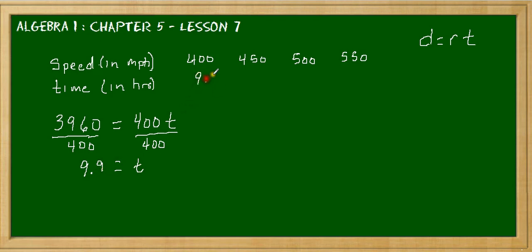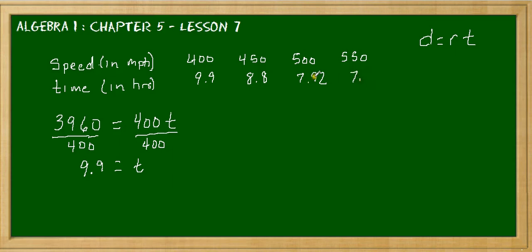Okay, now if we did this for each of these times, we're going to notice that it goes from 9.9 down to 8.8. Then our next one is going to be 7.92, and this one would actually be 7.2.